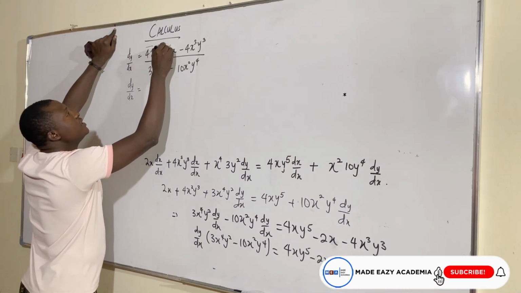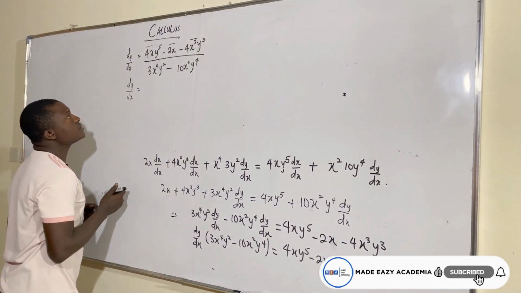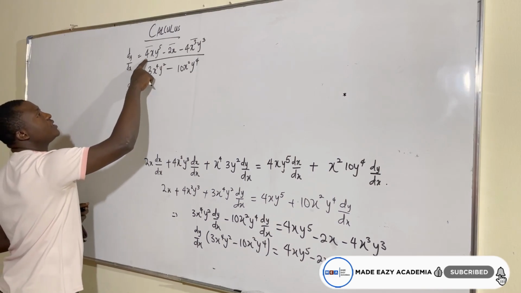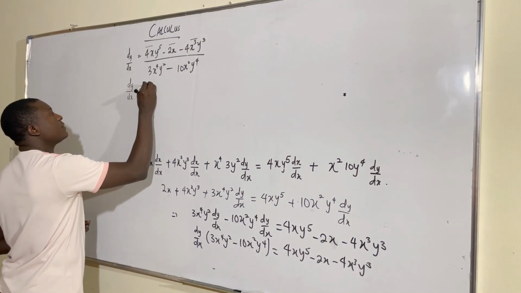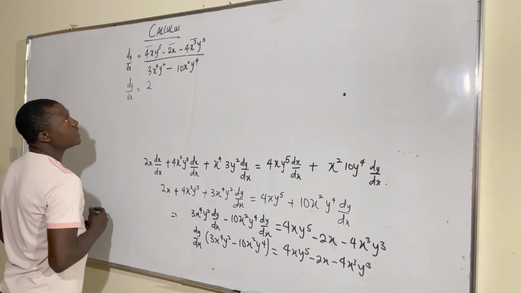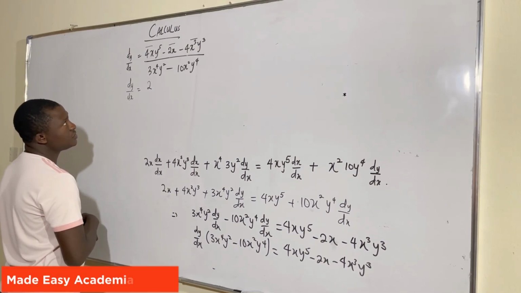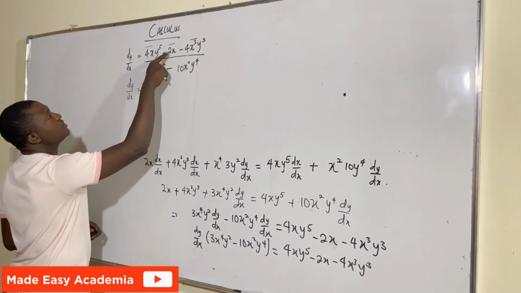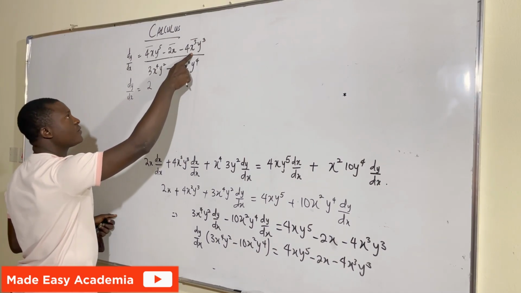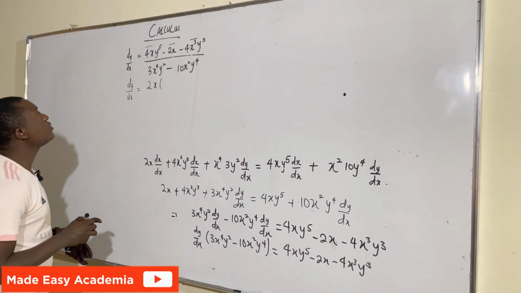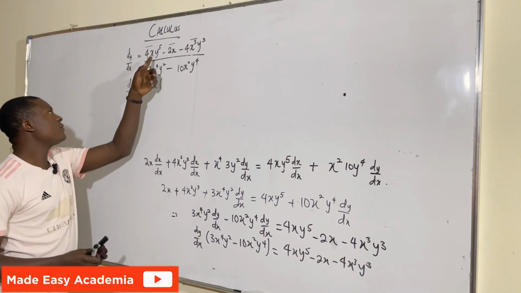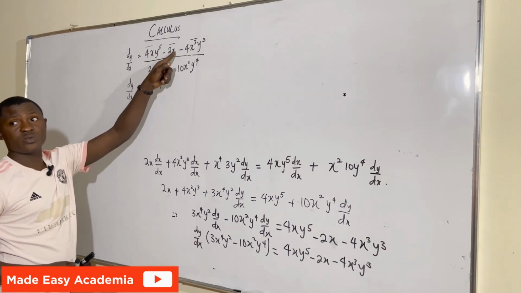So let's check from here to here. Do we have anything in common? If you check, we have 4 here, we have 2, and we have 4. Meaning 2 can go into all of them without remainder, so I can pick out 2. At the same time, do we still have anything in common? Let's check. We have x here, there is x here, and there's x. Of course, x is also common. I can bring that out also. But if you look at y, we have y here, there is no y here, so we don't need to factor out y.